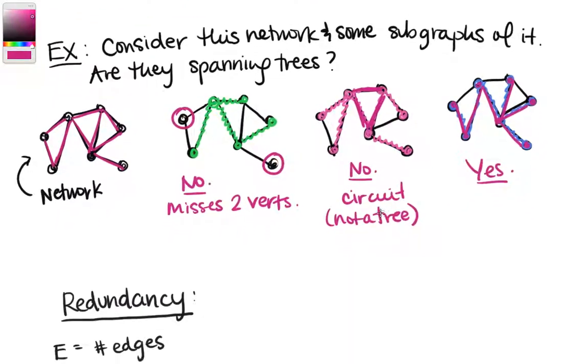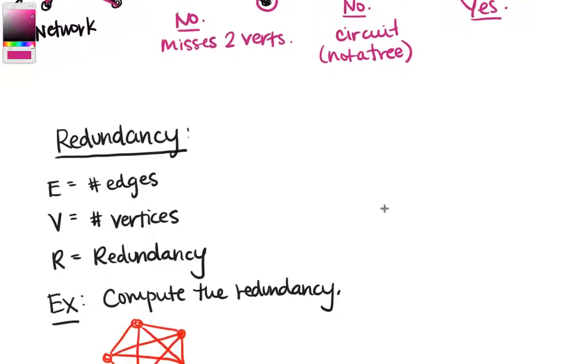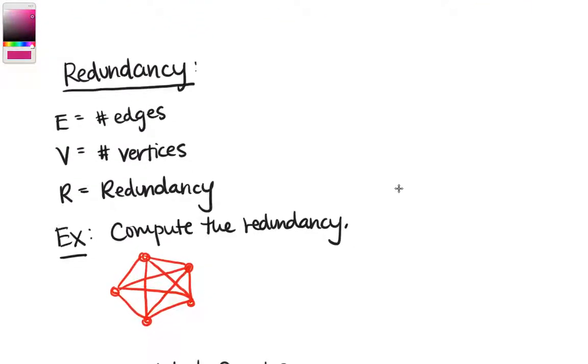Okay, let's move on to our next topic, which is redundancy. All right, here we're going to let E represent the number of edges in a graph, V represent the number of vertices, and R represent the redundancy. So there's a couple different ways we might see this formula.